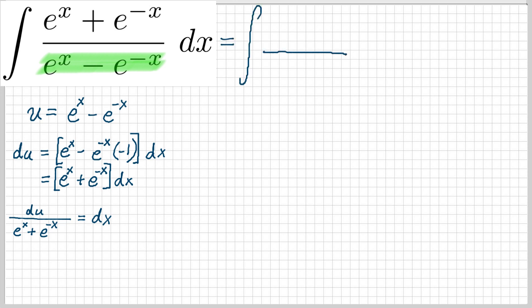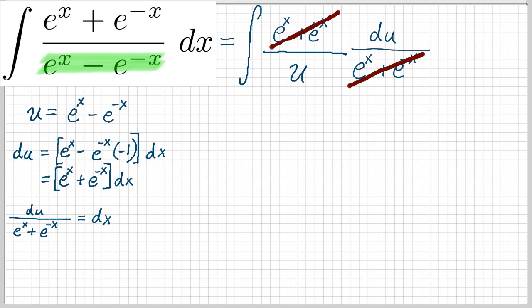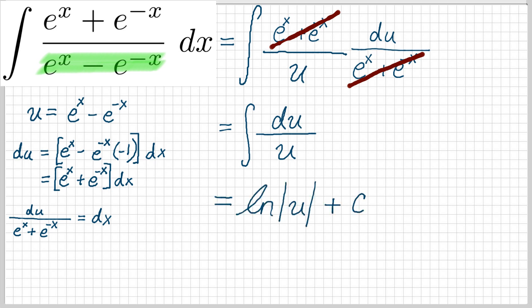So that when I rewrite this guy, I've got a u in the denominator, I've got the rest of the numerator, but then that dx becomes du over e to the x plus e to the -x, and they will die a cruel and horrible death. So now my integral is just du over u, and this is just the natural log of u plus c.